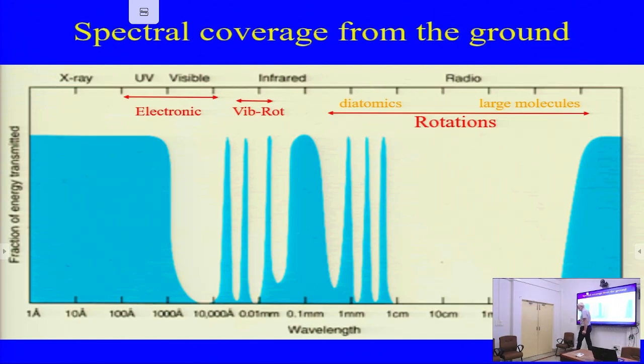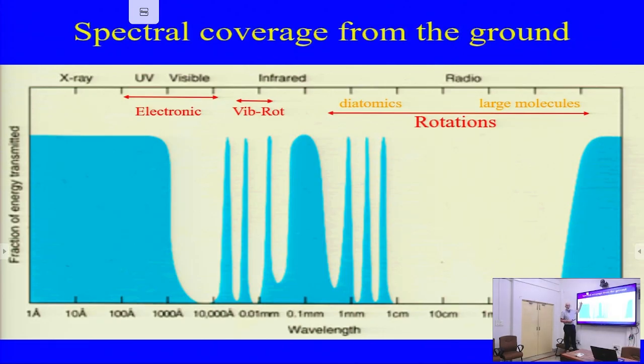So we've done spectral coverage, and you've got rotations going through radio frequency, large molecules or heavy molecules, more than large, but large and heavy go together. Light molecules, diatomics, coming out into the far infrared. You've got vibration-rotation in infrared wavelengths. You've got electronic spectra.